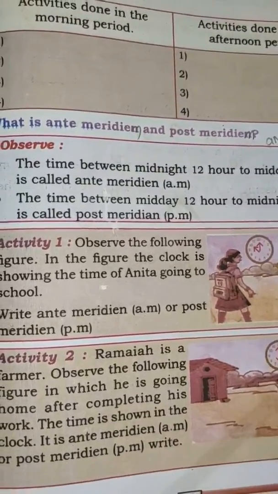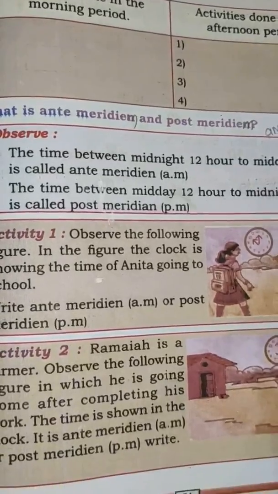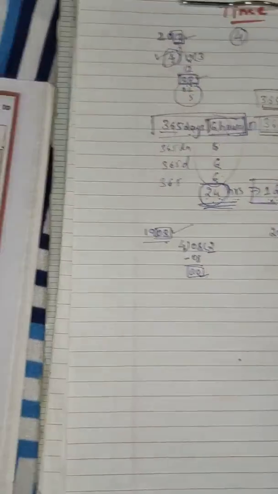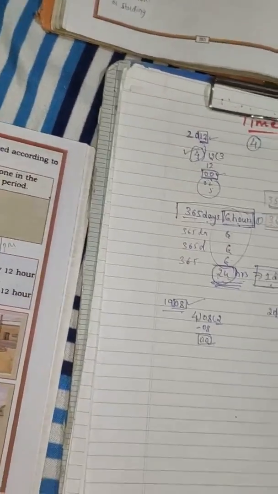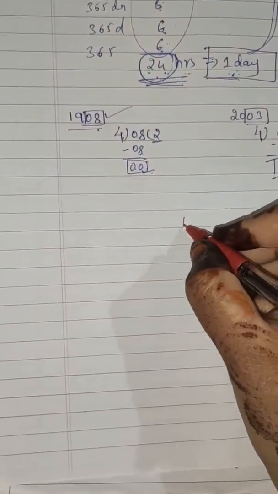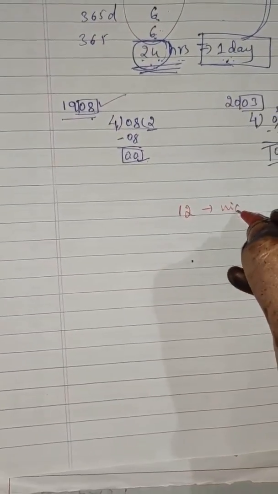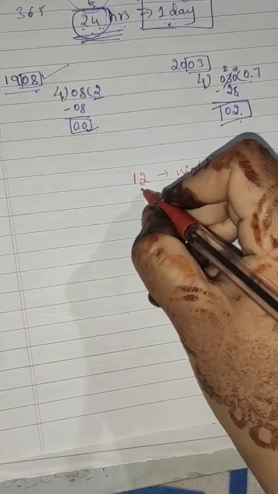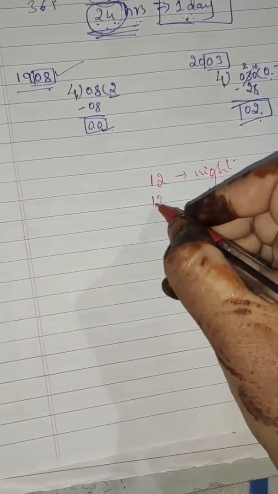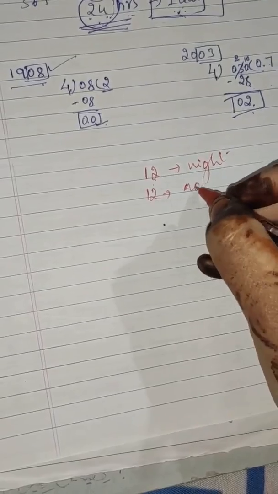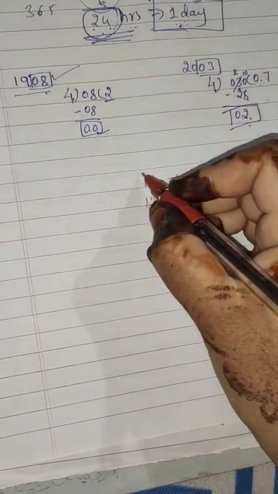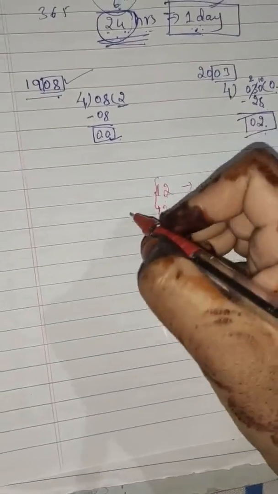So children, the time from night 12 o'clock to midday 12 o'clock, which is afternoon, it's called midday, will be considered as AM, meaning anti-meridian.